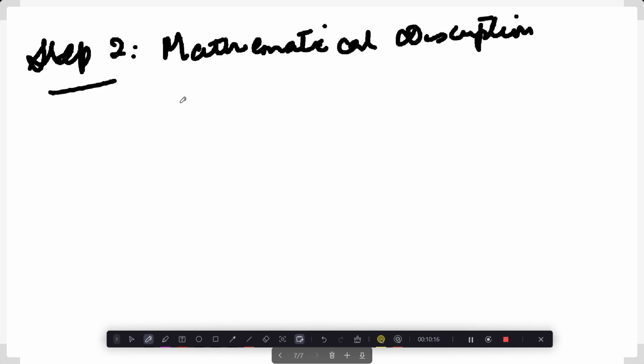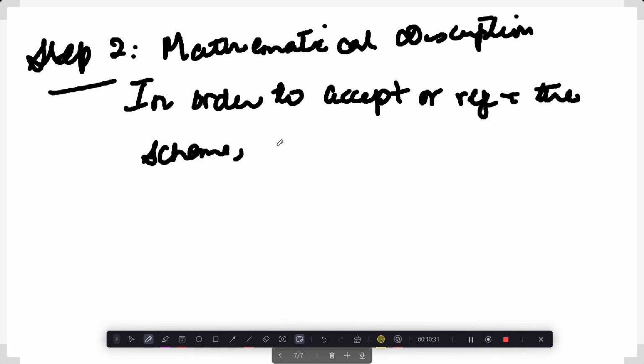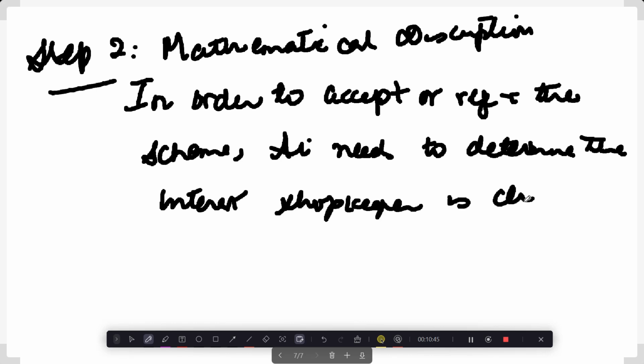ठीक है. In order to accept or reject the scheme, Ali needs to determine the interest shopkeeper is charging. ठीक है.